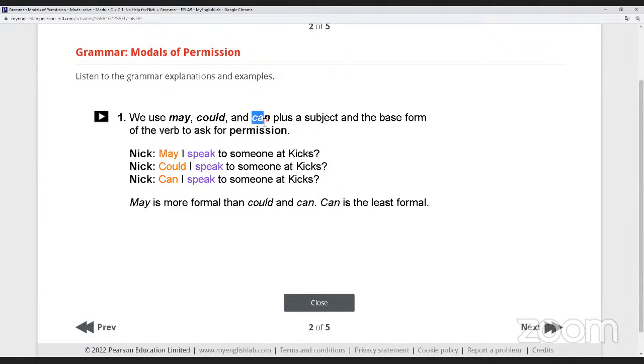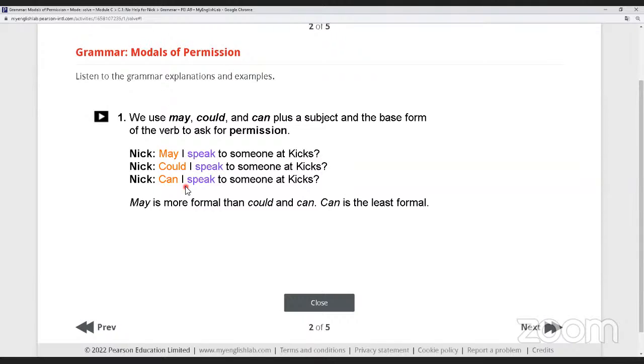Could is the past of can. May is similar to ask for permission, and may is more formal than could and can, and the least formal is can. If we try to translate, in meaning, it's the same. So we have may I speak to someone, could I speak, or can I speak?